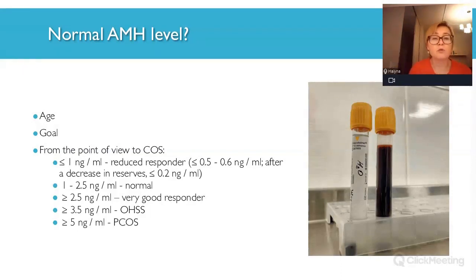From 1 to 2.5, it is more or less okay. It means that we expect to receive around 10-15 eggs. More than 3, we expect a high response, and more than 3.5, maybe even a risk of ovarian hyperstimulation. But this is only in relation to further stimulation.